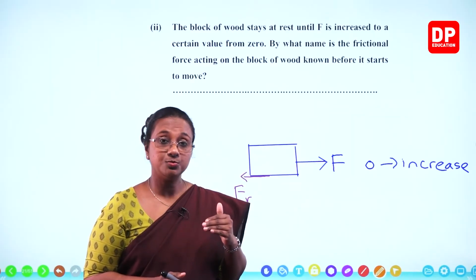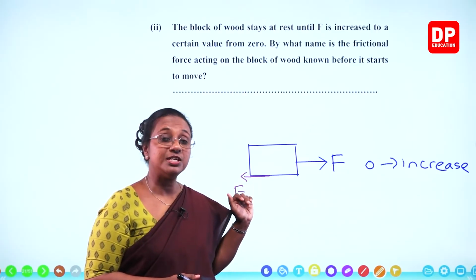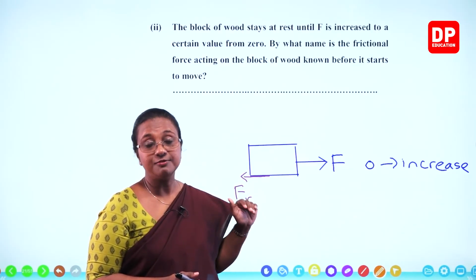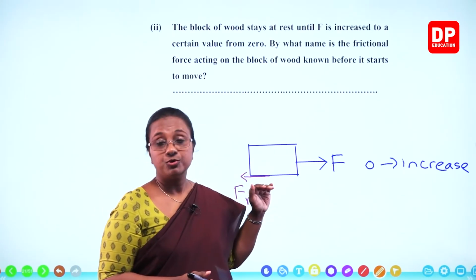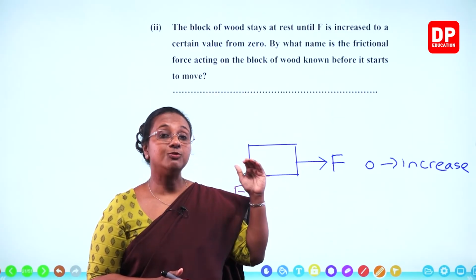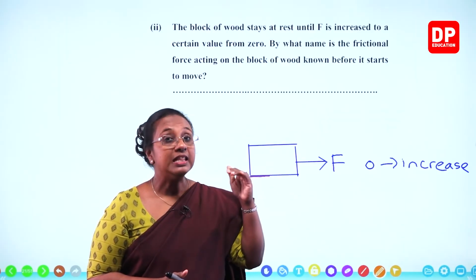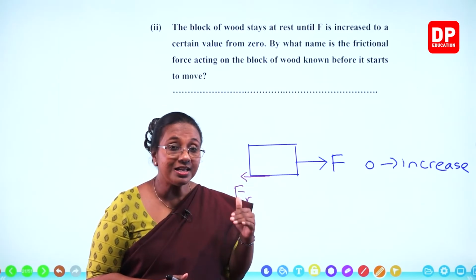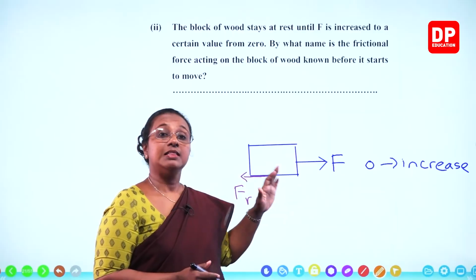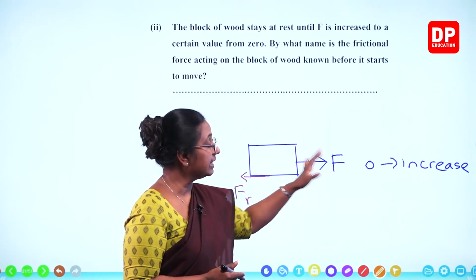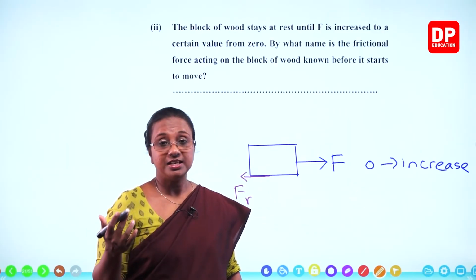When the object is moving, there is also a frictional force, which is known as the dynamic frictional force. The dynamic frictional force is slightly lesser than the limiting frictional force. So the dynamic friction is less than the applied force. That is why there is an unbalanced force and the object is moving.